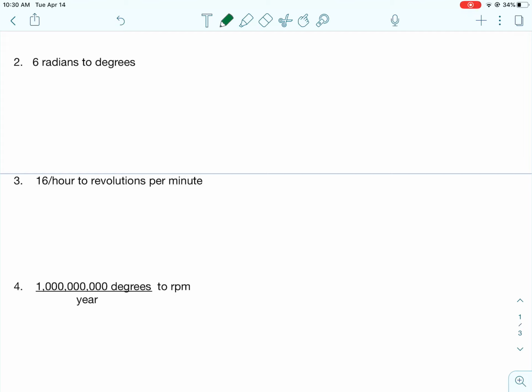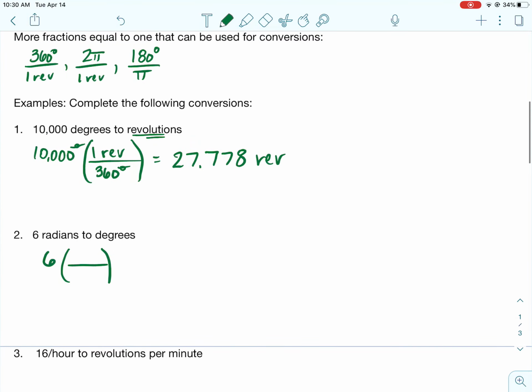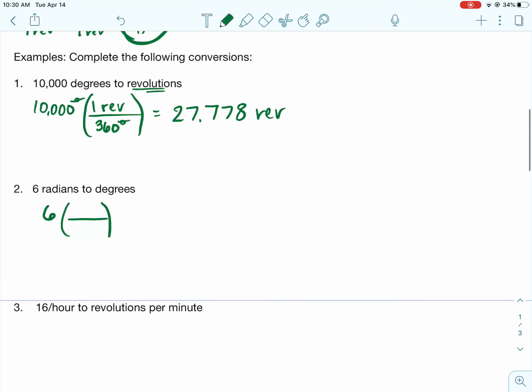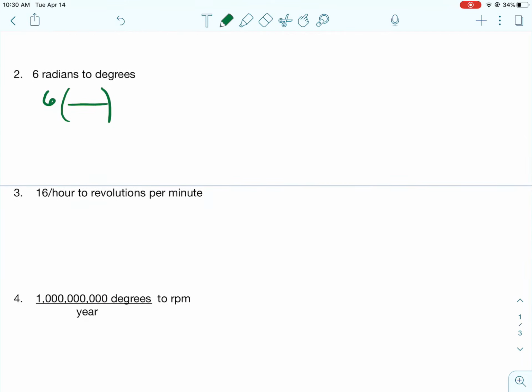Okay, and then for radians, we want to change radians to degrees. Now, one thing that's awesome about radians is it doesn't have a unit of measure. So when we're using it in formulas, it really helps you get to where you want to go. So for 6 radians, we would just write 6. And then if we want to change that to degrees, I'm going to use this fraction right here.